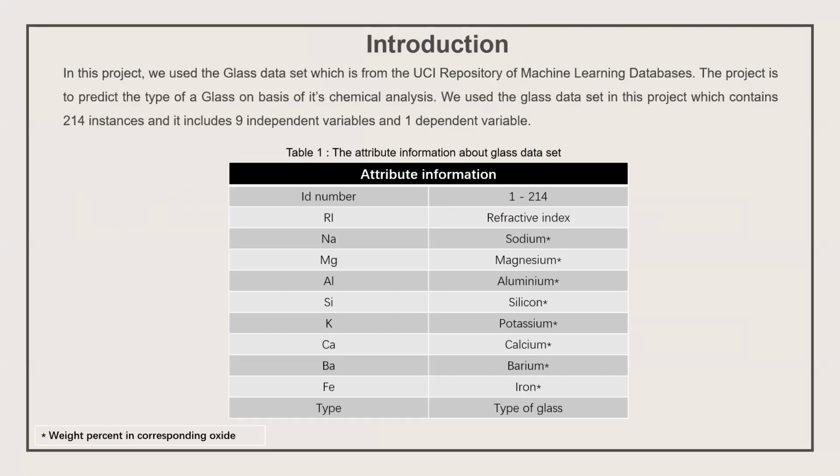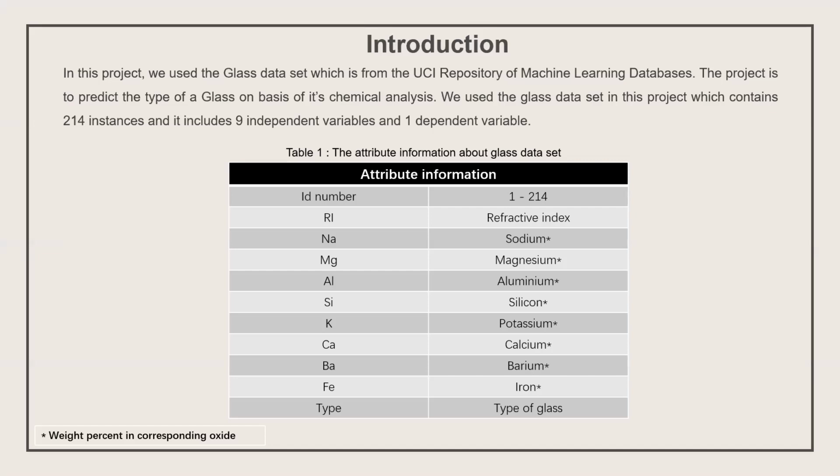In this project, we used the GLASS dataset, which is from the UCI repository of machine learning databases. The project is to predict the type of glass on the basis of its chemical analysis. The dataset contains 214 instances, and it includes 9 independent variables and 1 dependent variable.